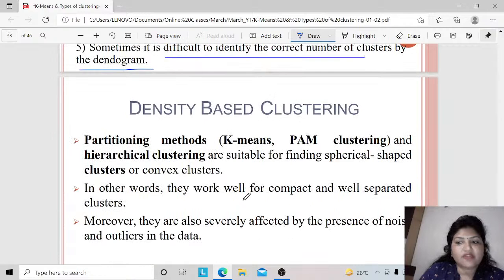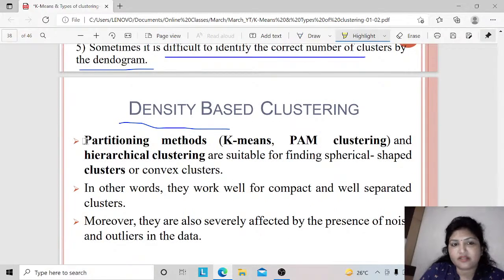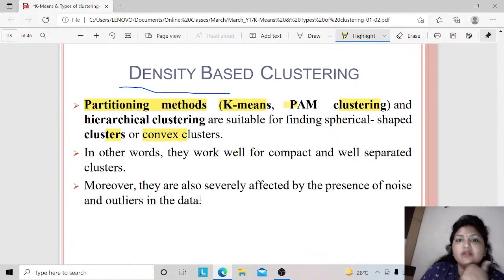Next type of clustering is density based clustering. Density based clustering is a partition method like k-means. Partition clustering and hierarchical clustering are suitable for finding spherical shaped or convex clusters. In other words, they work well for compact and well separated clusters.